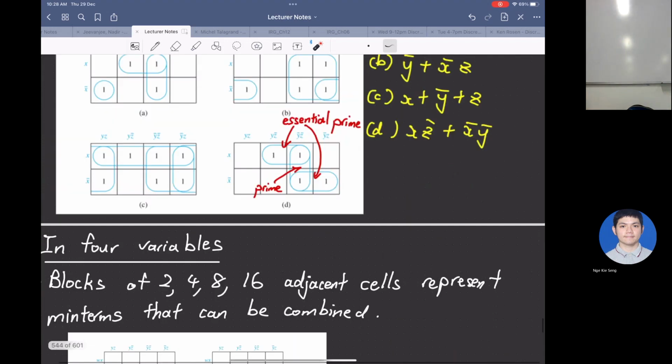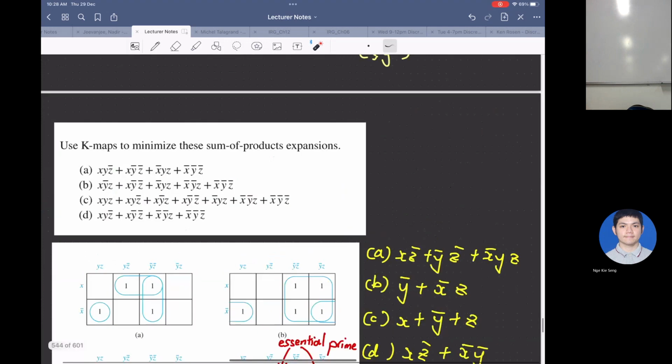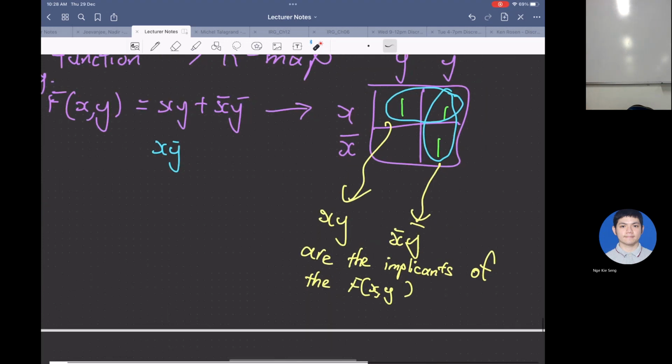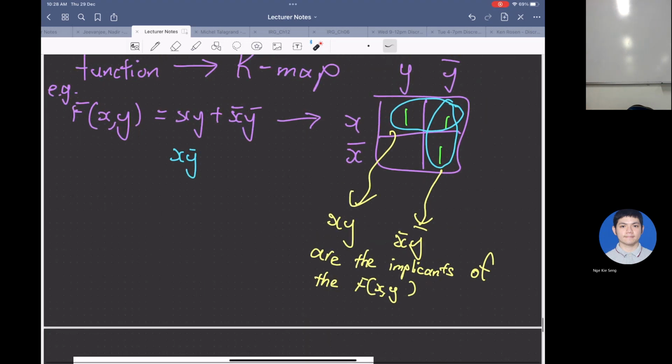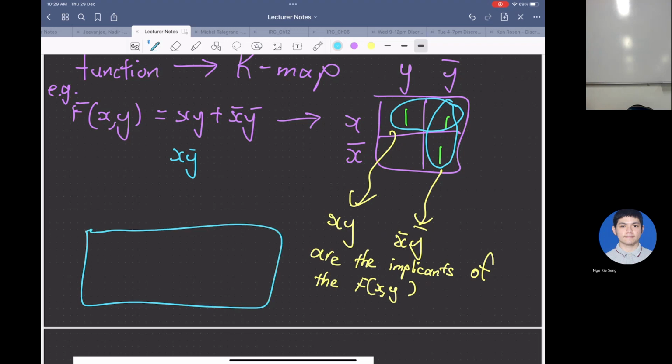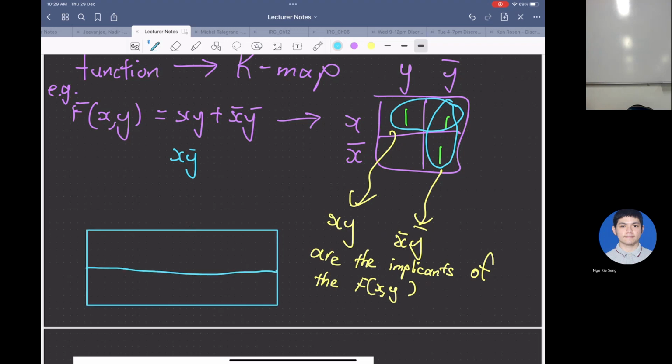Maybe we can simplify. What's the difference between prime and essential prime? A prime can be not essential if all the 1s are covered by different blocks. And just now we have this example.